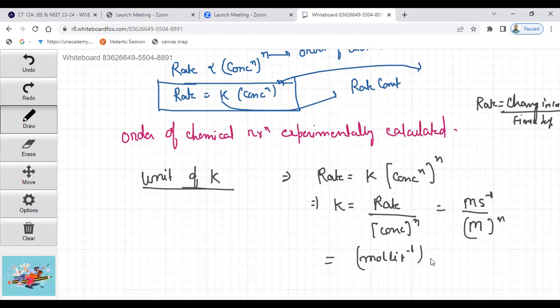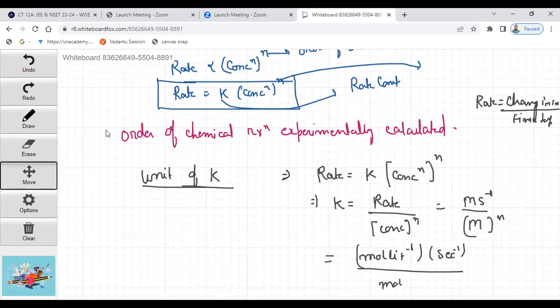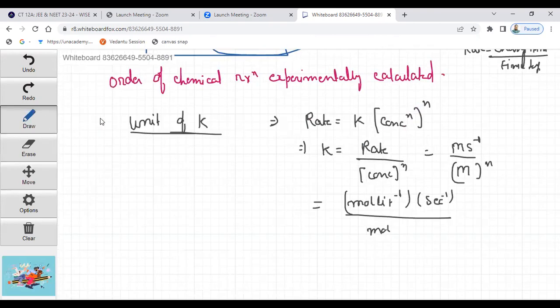And this will multiply with second inverse, divided by, in the denominator part, capital M, which indicates the concentration value, so this is mole liter inverse to the power n.